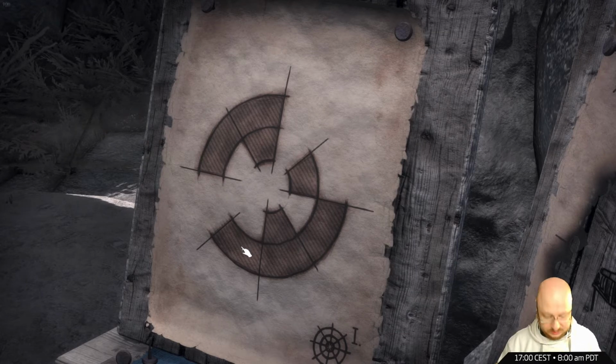So this is 16, and the 7 and the 15 are all together. And now the 4 is as well.